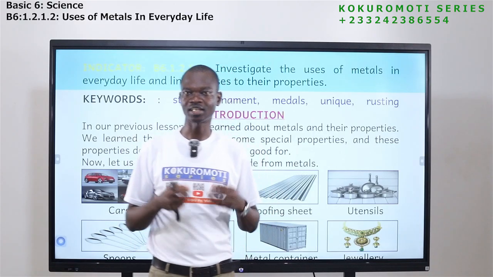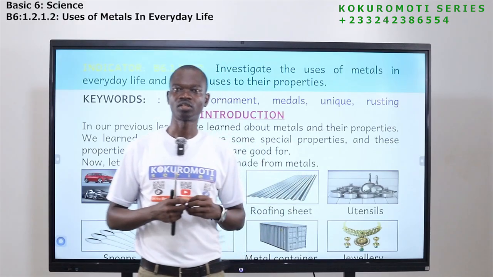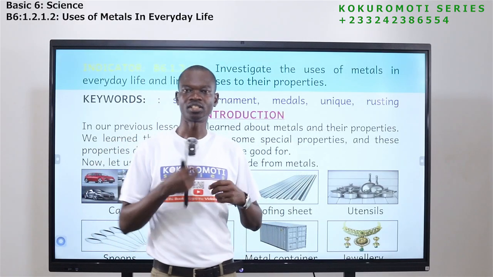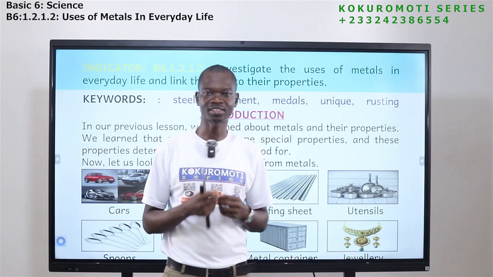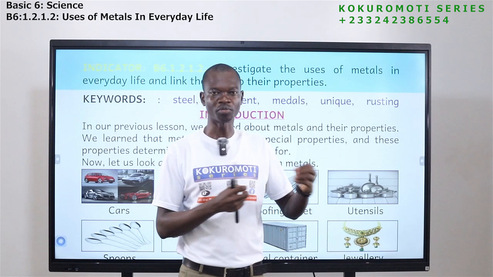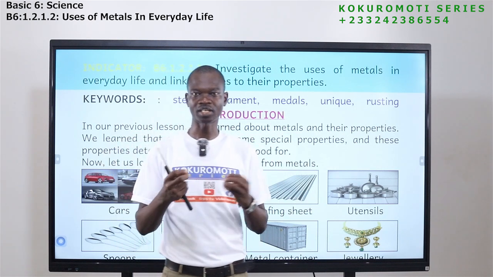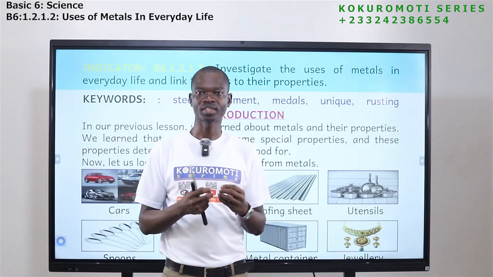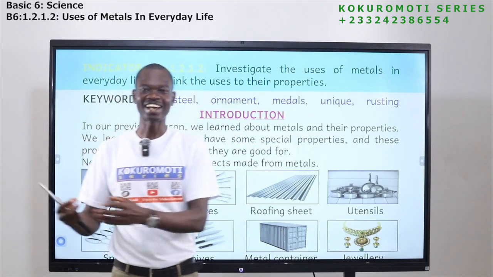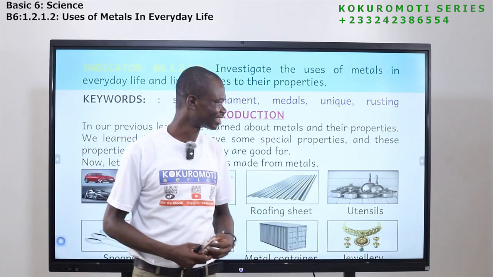It's a chemical reaction that takes place when air and water meet on metals, especially with iron. They are able to rust fast. So rusting, we are talking about wearing away the surfaces of metals as a result of chemical reaction. And this is caused by what? Water and air. Okay, so that is rusting.